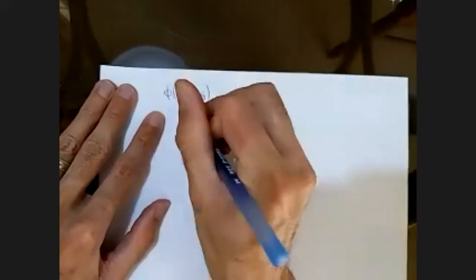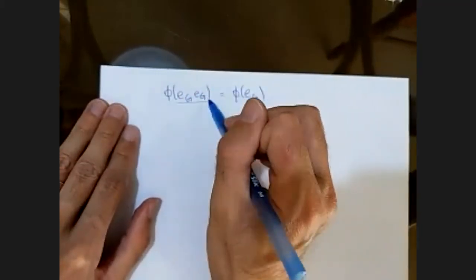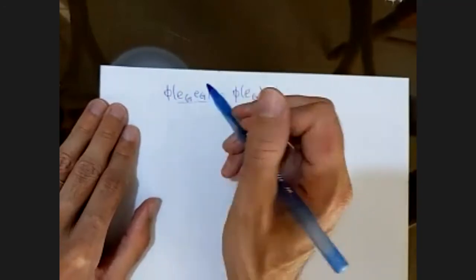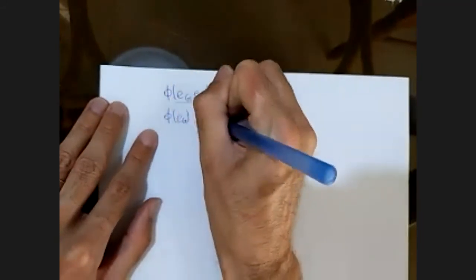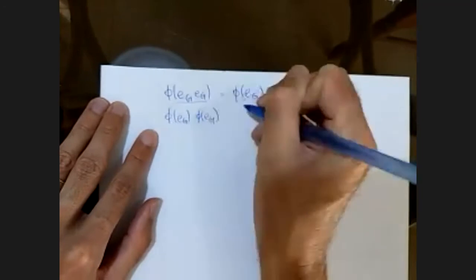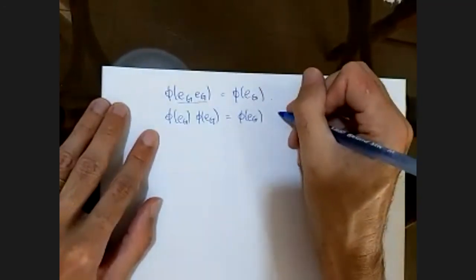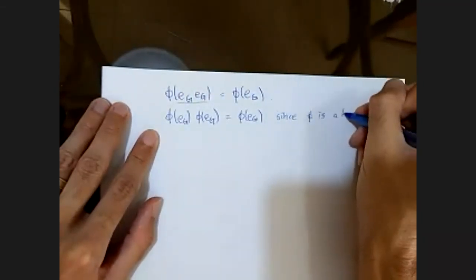And now phi is a homomorphism, so phi respects the group law. So we can kind of distribute the phi, if you want to say it like that, since phi is a homomorphism.